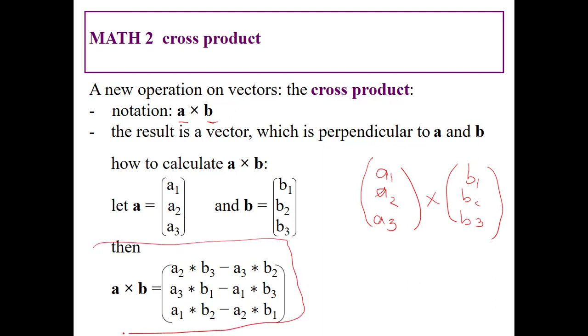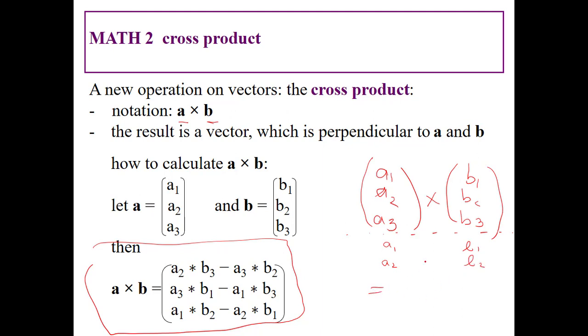So A cross product B should be this calculation, but I'll teach you a very small trick to remember it more simply. We'll just draw a small line here and we repeat A1 and A2 and B1 and B2.